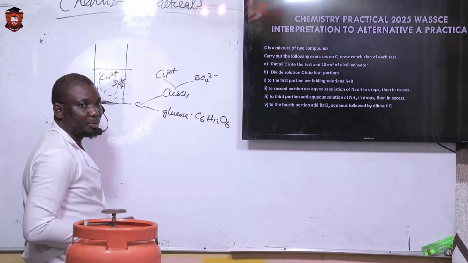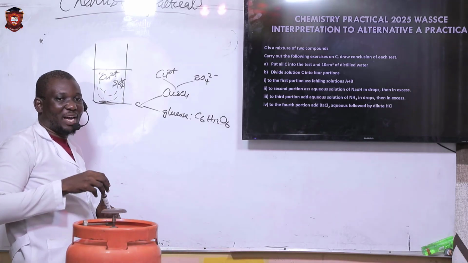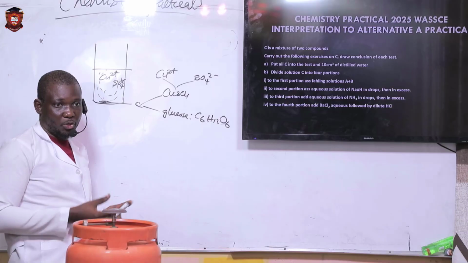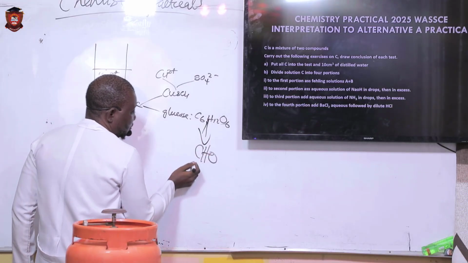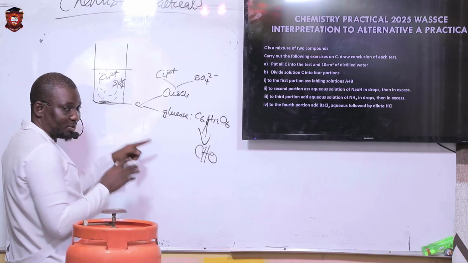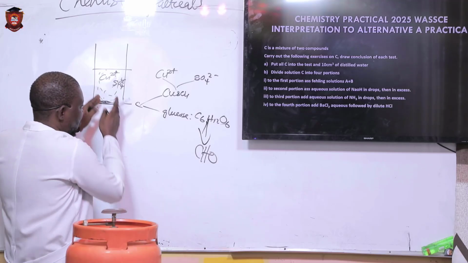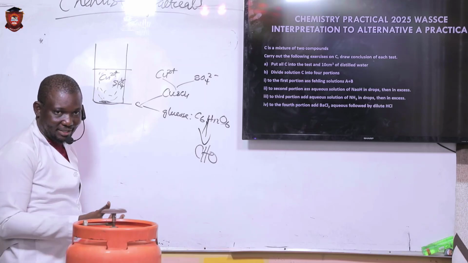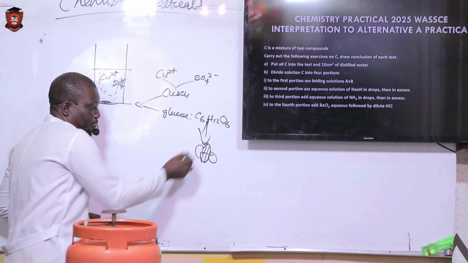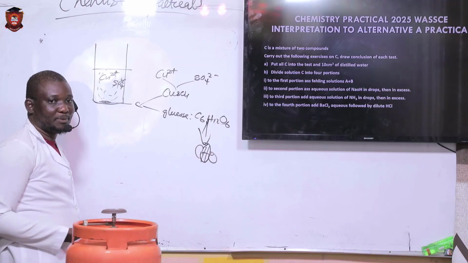C6H12O6, isn't it? But the active group in glucose is the functional group, which is CHO, the aldehyde. It doesn't have minus, it doesn't have plus. It's just going to be here. That is why it is a reducing agent. The H here makes it possible to be a reducing agent.